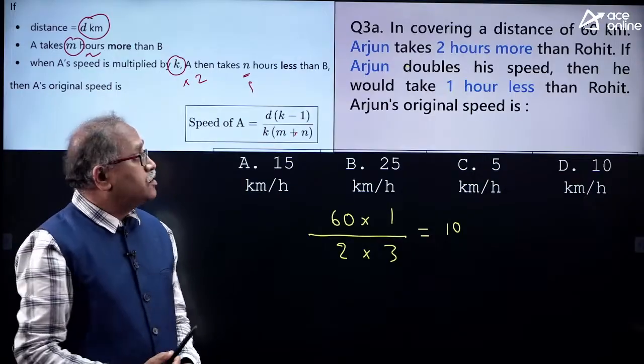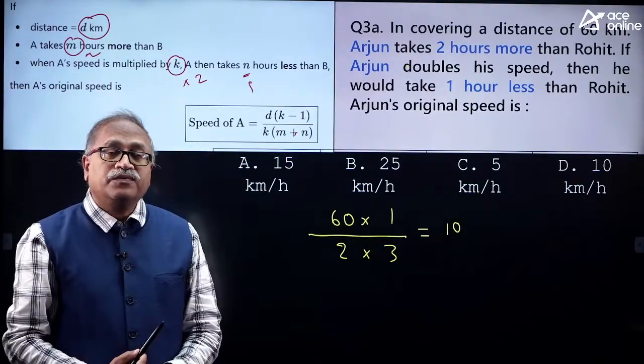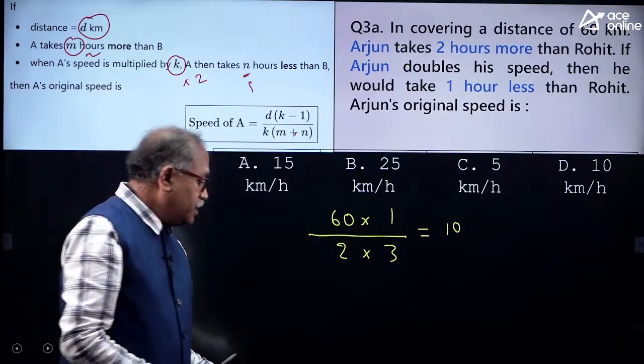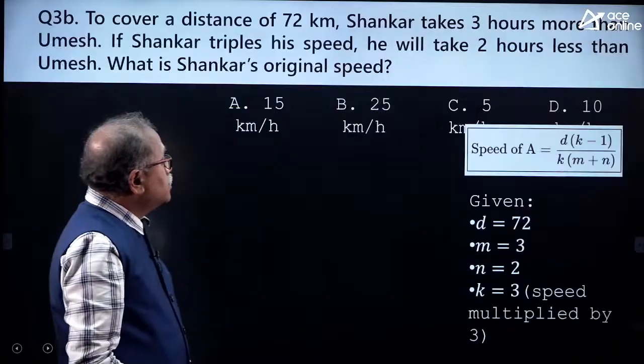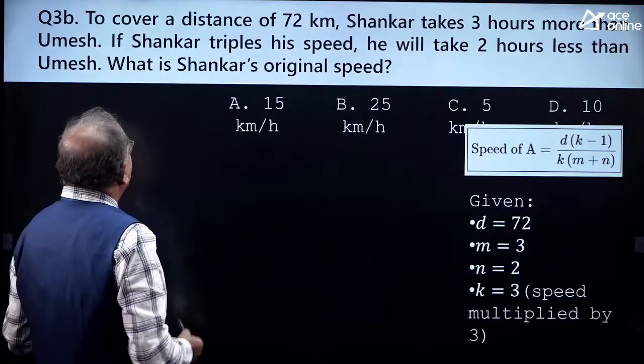So for certain standard questions, if you remember the shortcuts and it comes in the exam, you will take advantage of it. I am giving a similar type of question here. Apply the concept.